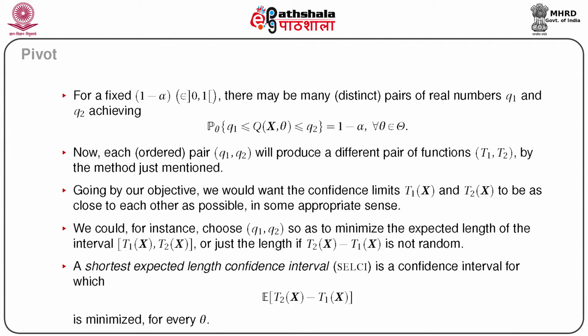Or if the length of the confidence interval is random, then we might select the pair q1 and q2 that makes the average length, or the expected length, of the interval smallest.